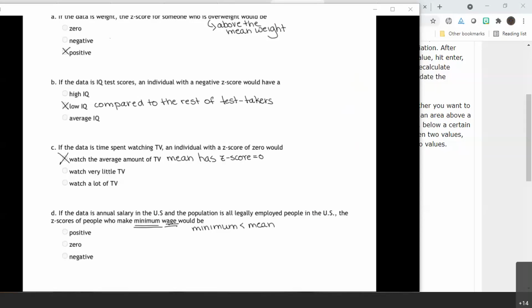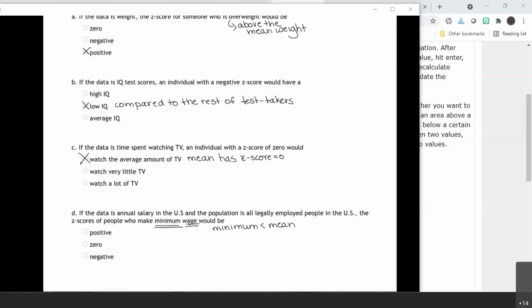So that would be negative, if you're making the minimum allowed amount that you can be paid. Everybody understand how to interpret those? Yeah? Okay.